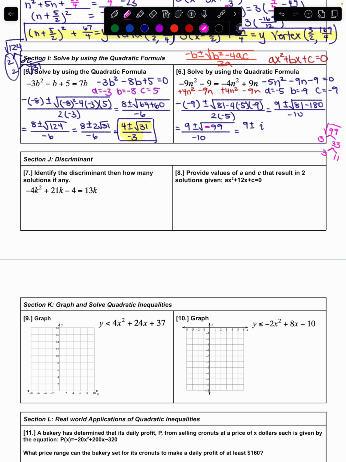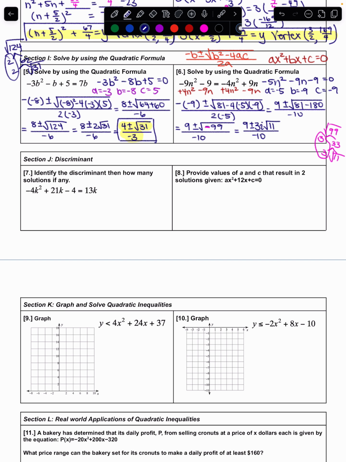Outside the radical, we can take out a 3, and inside my radical, I still have that 11. So put the 3 in front of the i, and then after the i, we're going to put radical 11 all over negative 10.